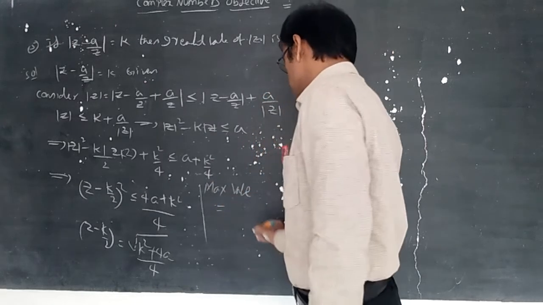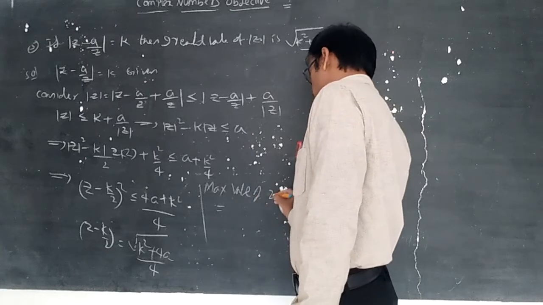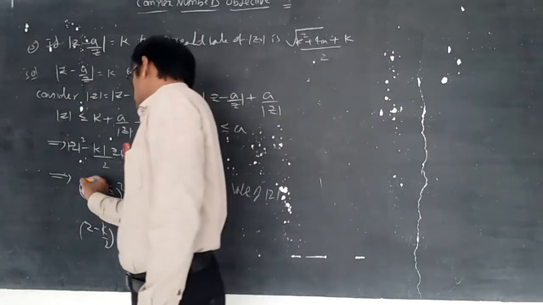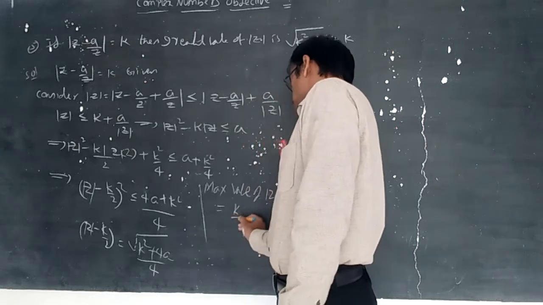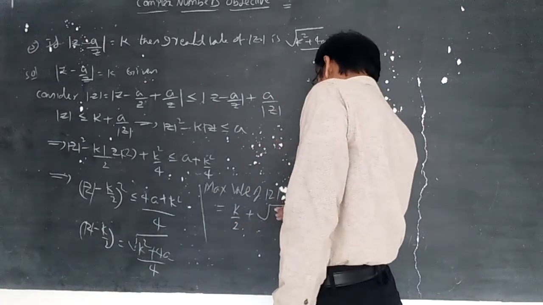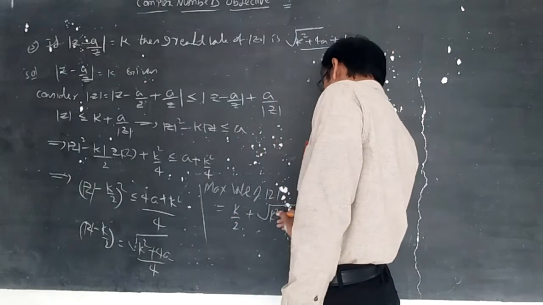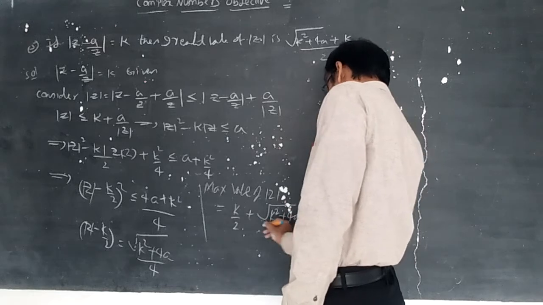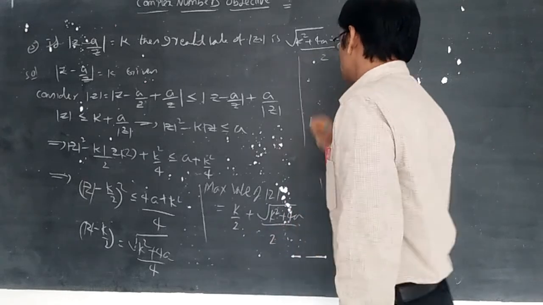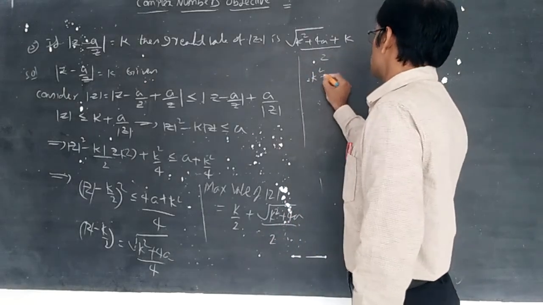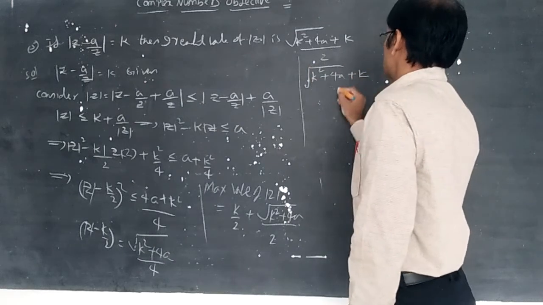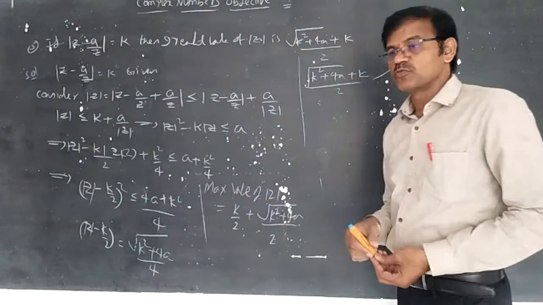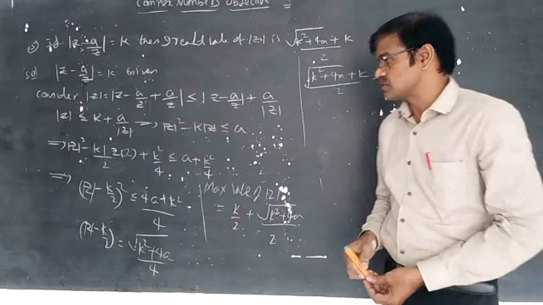So the maximum value of mod z is equal to k by 2 plus (root of k square plus 4a) whole by 2, or like this, (root of k square plus 4a, plus k) whole by 2 is the maximum. For the minimum value, take minus on this side.